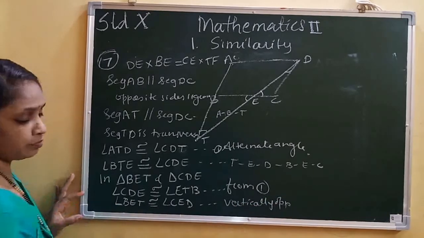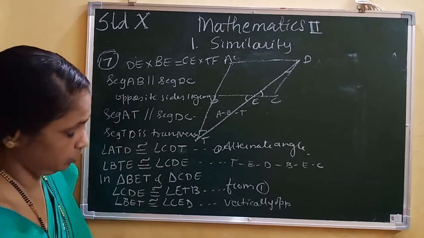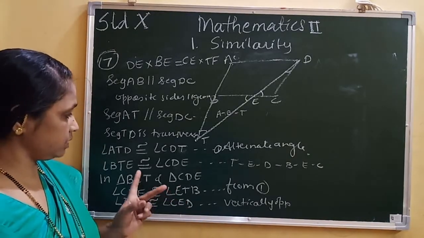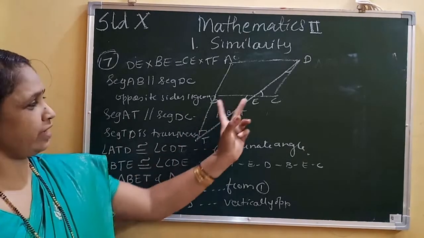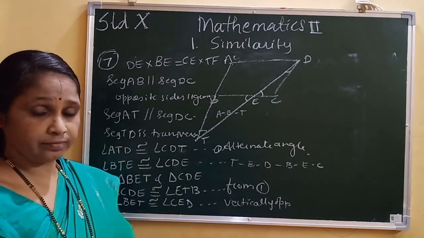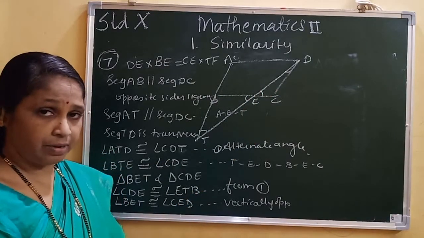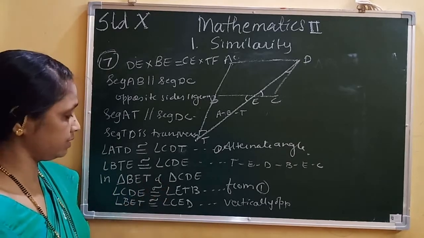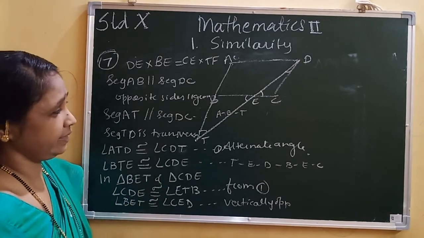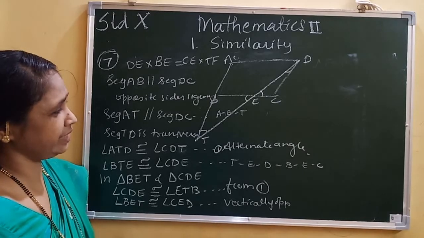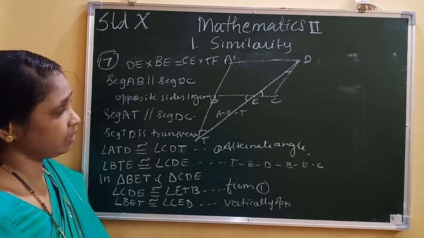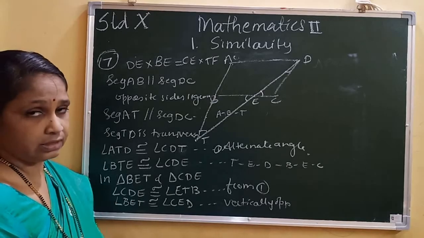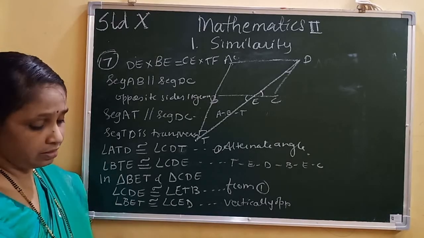Okay, now these two triangles we have proved they are similar by AA test of similarity. Now if these two triangles are similar by AA test of similarity, then we can take the ratio of the corresponding sides of similar triangles.